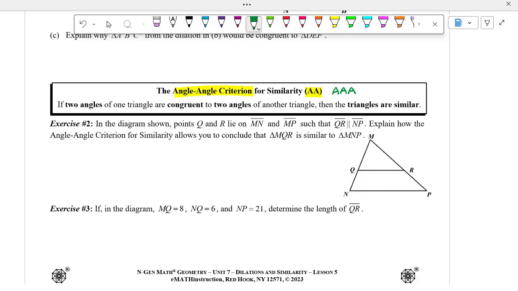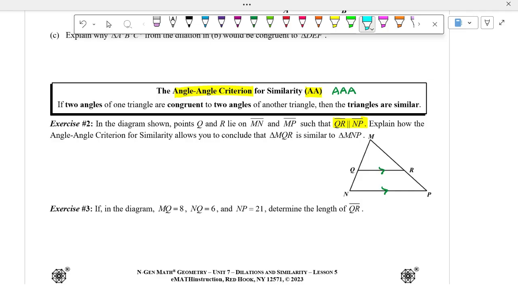So in the diagram, we're going to explain how angle criterion for similarity allows us to conclude that these two triangles are similar. They also state that those two lines are parallel. So QR and NP are parallel.